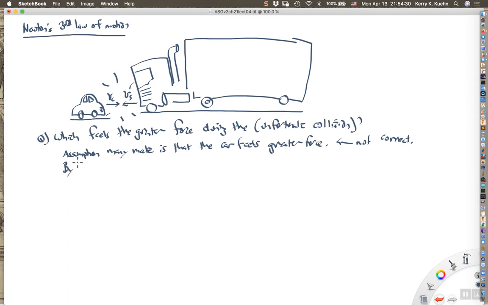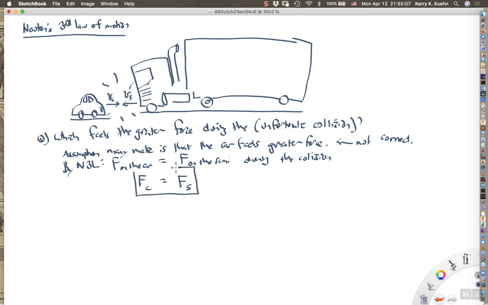So by Newton's third law, the force acting on the car is exactly equal to the force acting on the semi during the collision. Okay, so when we say for every force there is an equal and opposite force, that's the implication, that the force acting on the car, maybe I'll write this as force acting on the car is equal to the force acting on the semi. This is precisely what Newton's third law is stating.